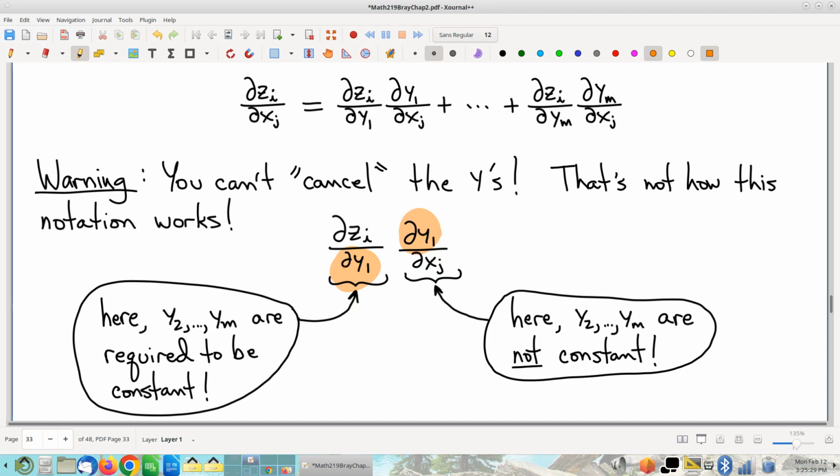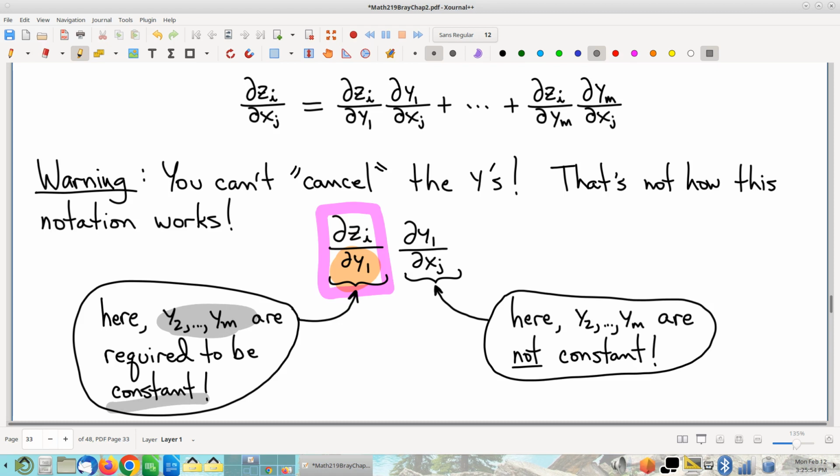In particular, if we look at the one on the left here, this partial y1 on the left, that's part of this partial derivative. How does a partial derivative work that I have circled here? Well, I have to hold all the other input variables constant. So I would have to hold all of the other y variables constant in order to talk about the y1 partial of zi.